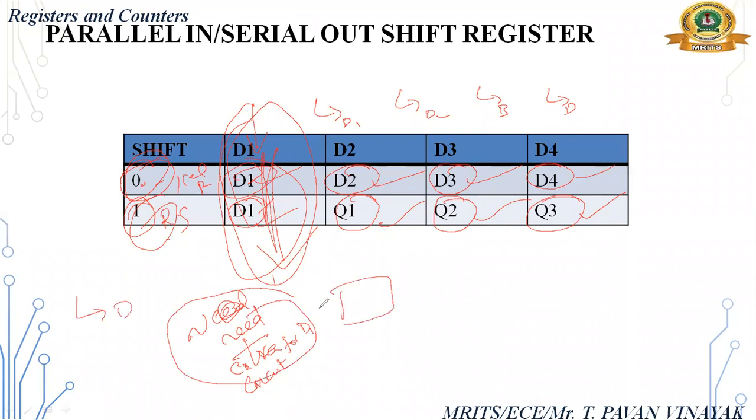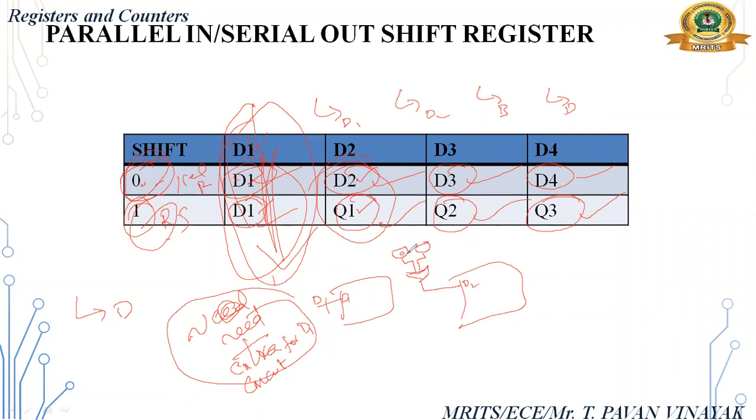So this is the flip-flop. We give D1 directly. For the second flip-flop, we have two inputs, D2 and Q1. So we need a combination circuit, that is a MUX. This is the combination circuit. The output of this OR gate is given for D2.